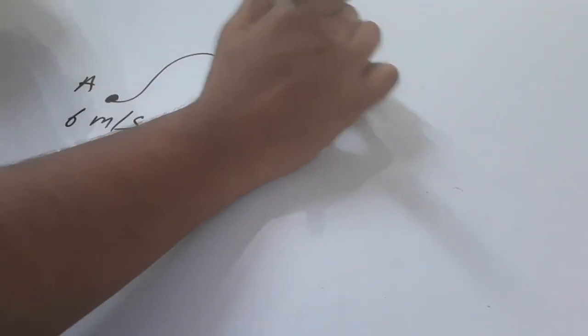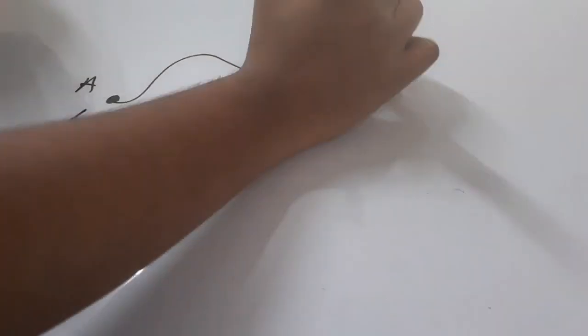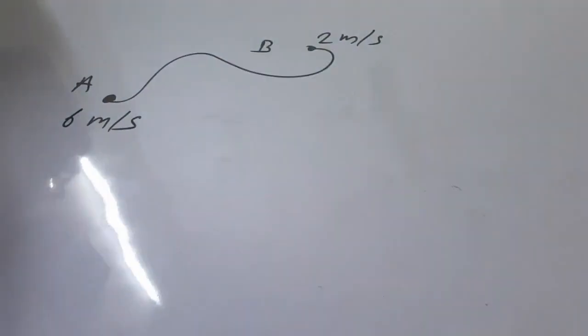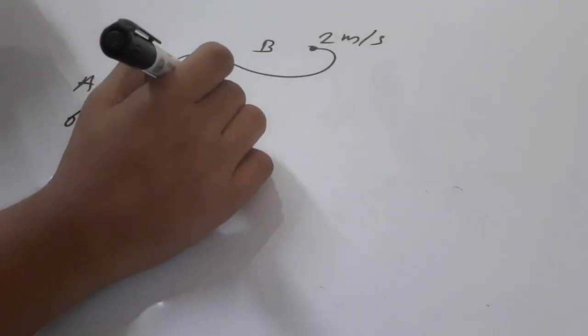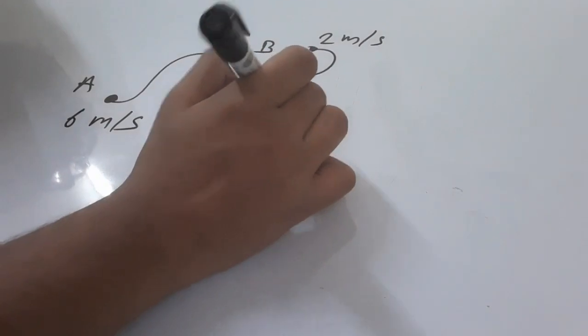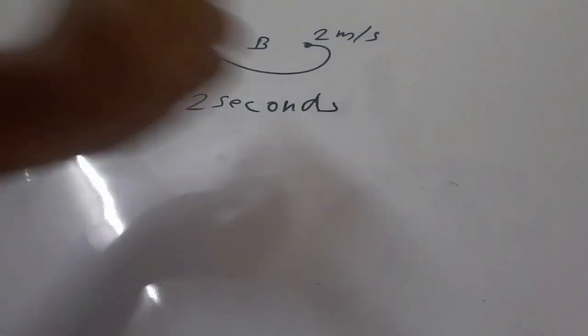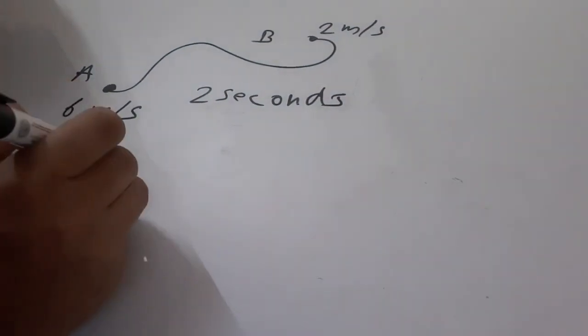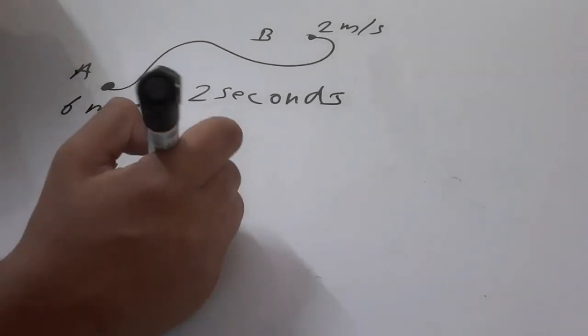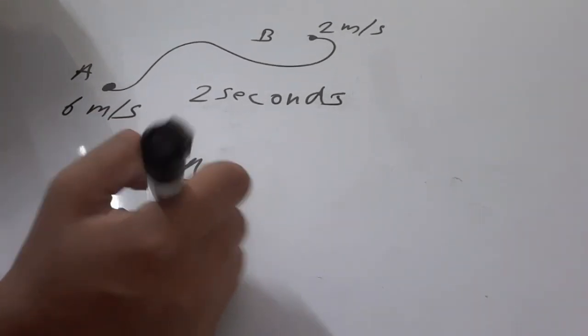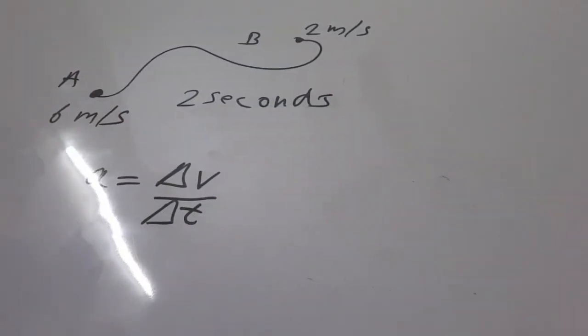At a point here, point A, my velocity is 6 meters per second. And then I travel to another point B, and velocity here is 2 meters per second. And traveling took me 2 seconds. So the acceleration in this case is delta V upon delta T. Now, delta V is final velocity minus the initial velocity.